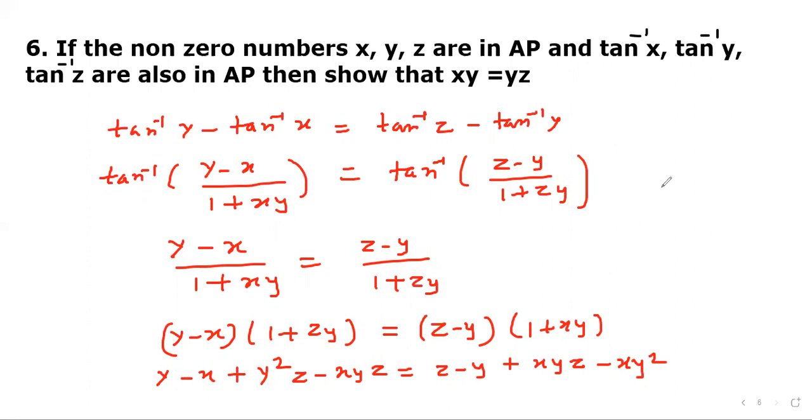But we are given x, y, z are in AP. It means y minus x equal to z minus y. So here y minus x, z minus y will cancel out, being equal.